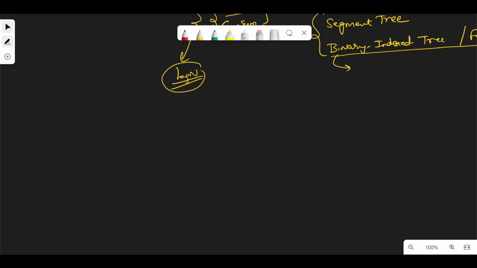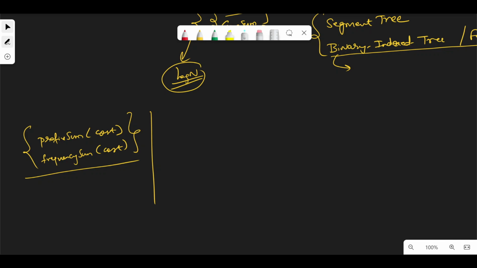We'll use this binary index tree for certain operations, and only two of those operations. One is we want to find the prefix sum or cumulative sum till a specific cost, and we want to be able to find the frequency sum till a specific cost, right? That means how many total toys are there till this cost. So these are the operations that we need for sum. The other thing is we also want to be able to update.